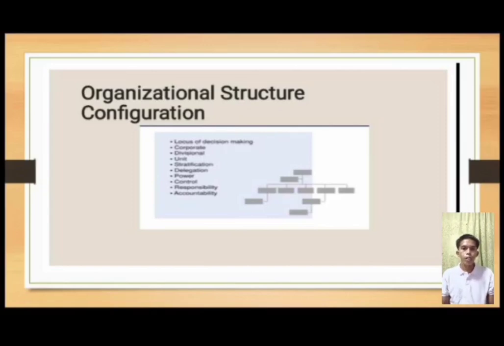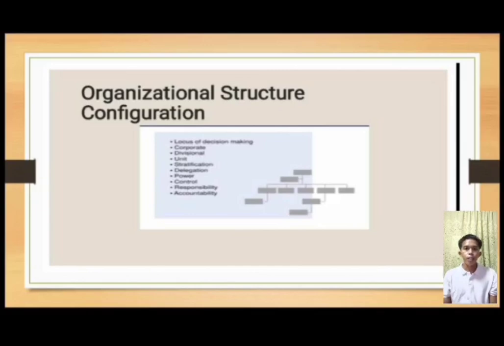Divisional: large organizations may divide their operations into divisions based on product, region, or market, each with its own management unit. Smaller groups or teams within the divisions focus on specific tasks or projects. Stratifications, the layers or hierarchy in the organization, such as levels of management like executive, middle, or operational.